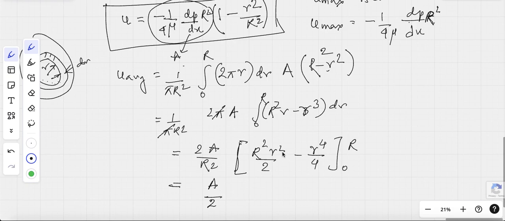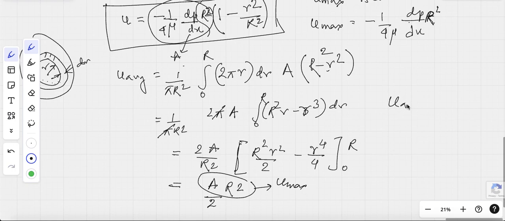This r square, actually this is a without the r square, because I am multiplying this with r square, right? So this a into r square. Okay, so a into r square is nothing but u max.